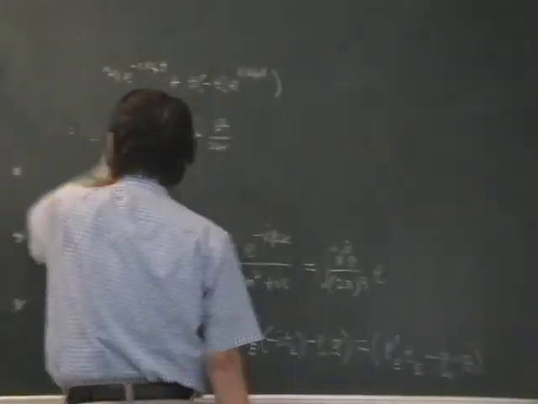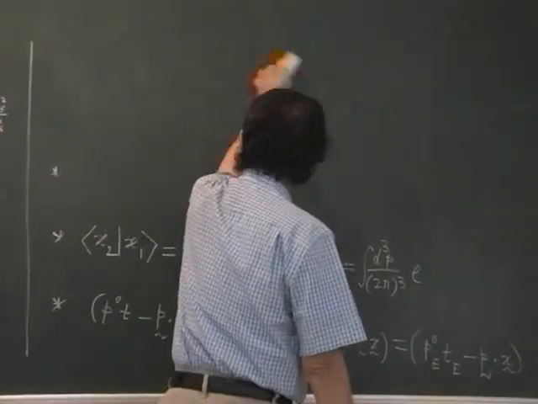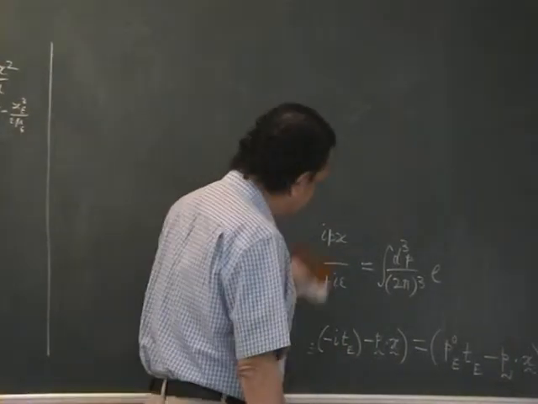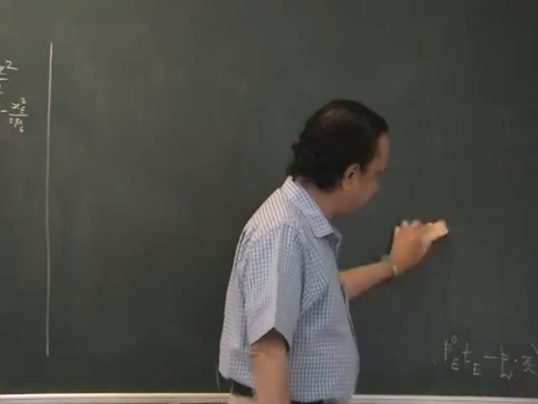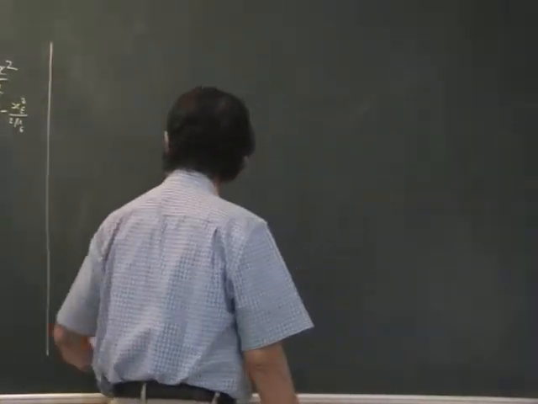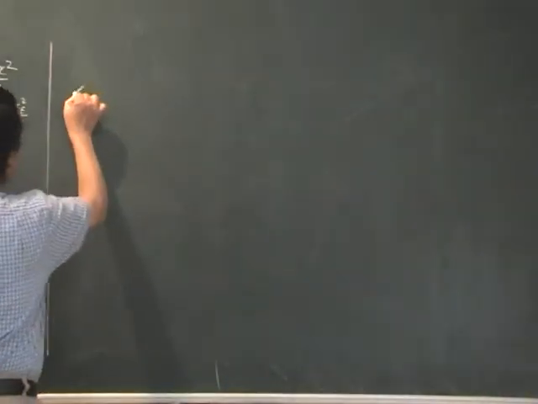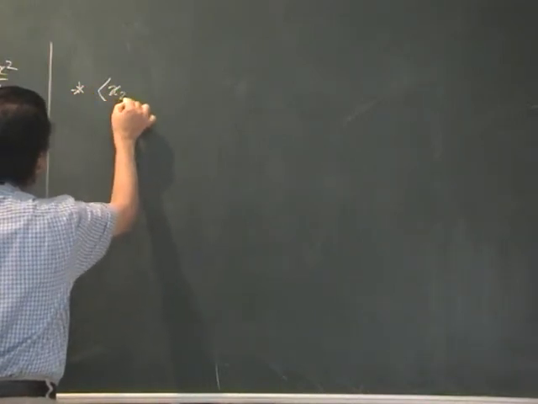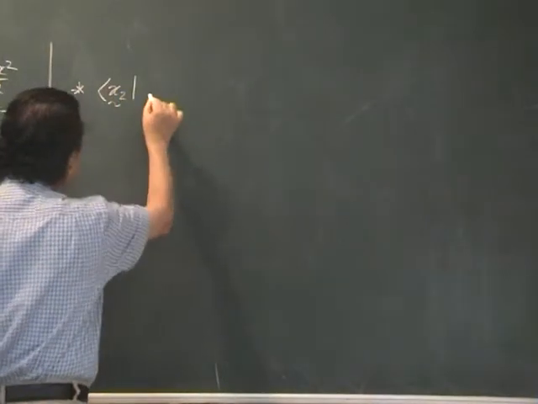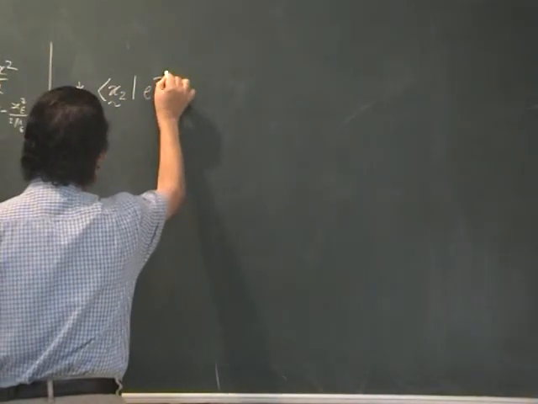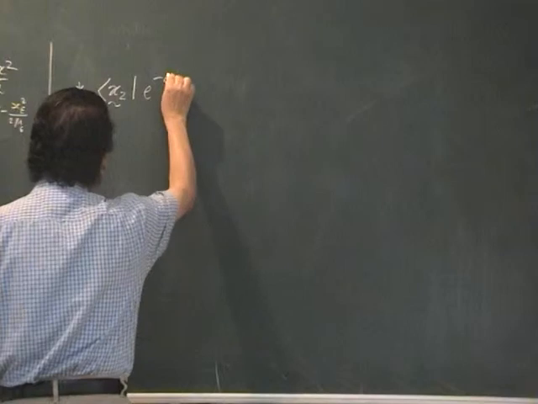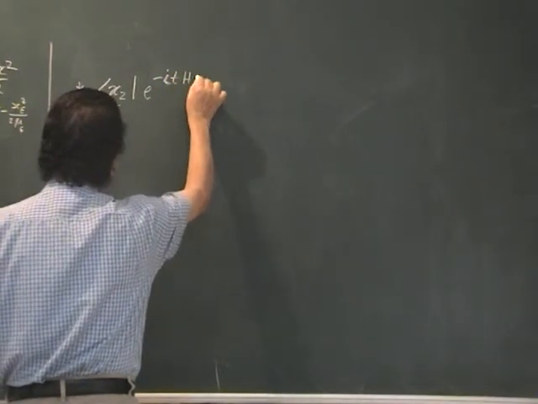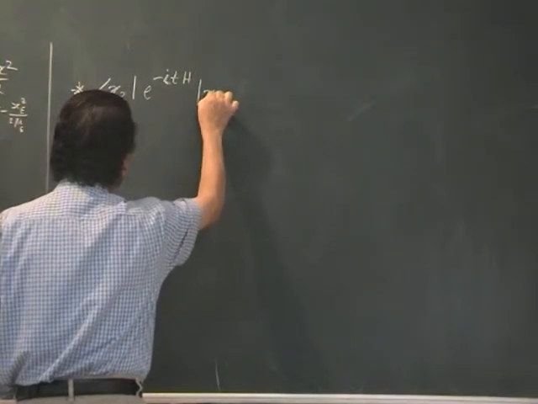See, the idea was that in the non-relativistic case, I wrote down a propagator and I could have thought of that propagator as an expression which arises by doing, this is in the non-relativistic theory, x2 e to the minus i t times a Hamiltonian for the non-relativistic particle x1.